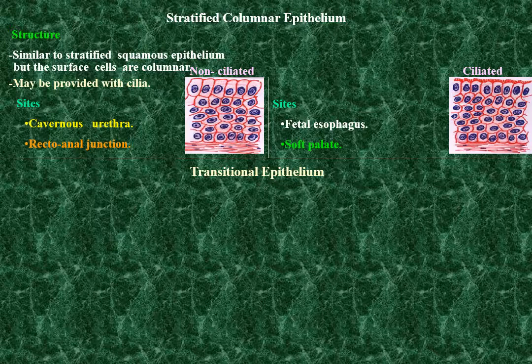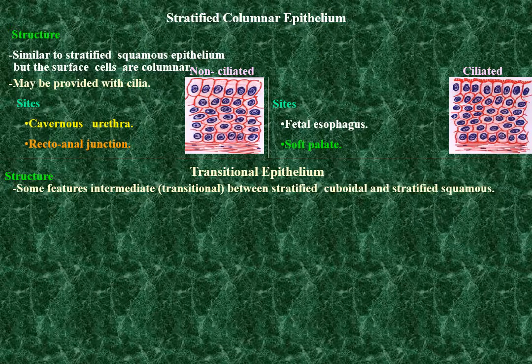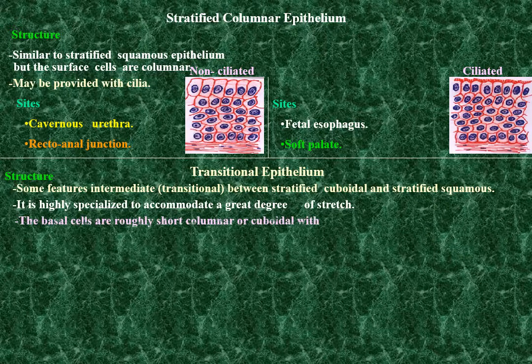Transitional epithelium structure. Transitional epithelium has some features which are intermediate or transitional between stratified cuboidal and stratified squamous. It is highly specialized to accommodate a great degree of stretch. The basal cells are roughly short columnar or cuboidal, with basal oval nuclei.